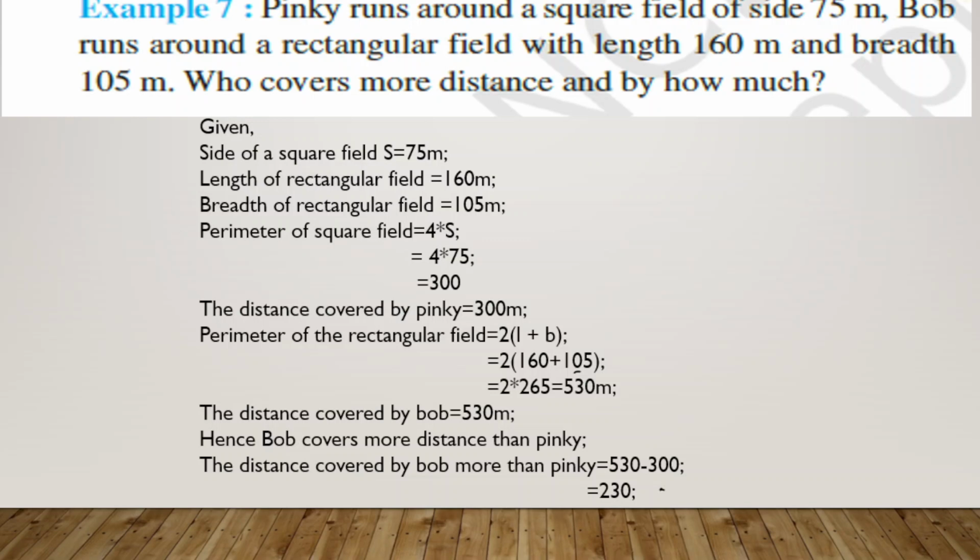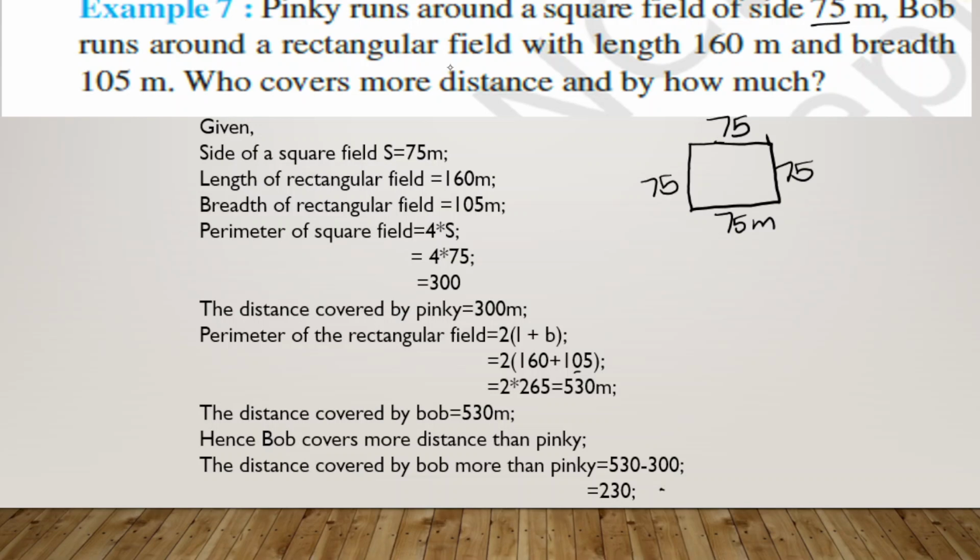Pinky runs around a square field. Let's assume this as a square field. You know that in a square field all the sides are equal. It was given that the side is 75, so all the sides are 75 meters.